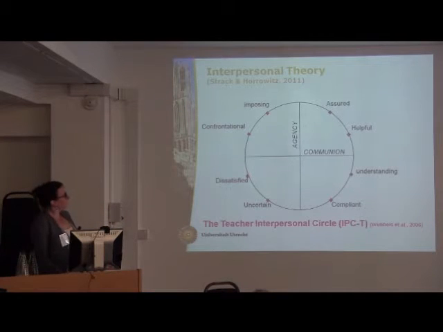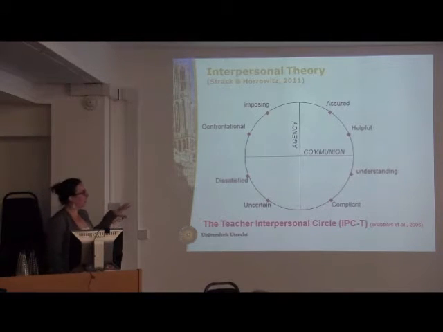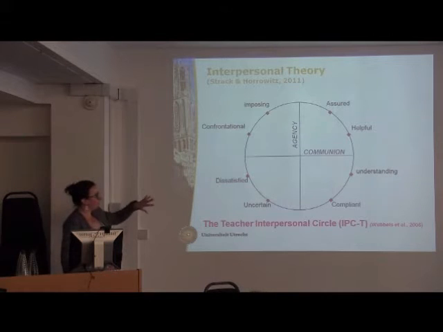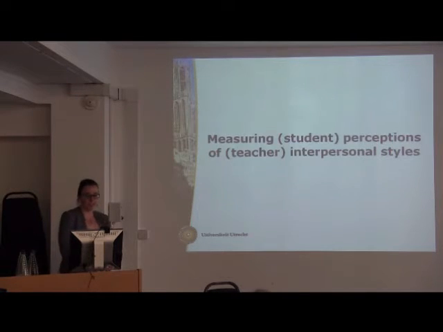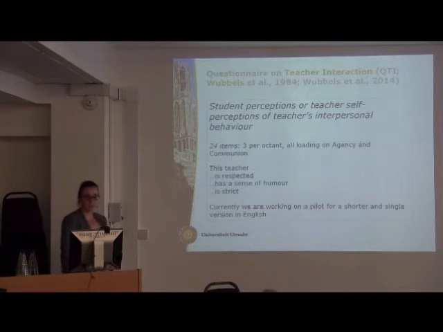This model can be captured in 8 octants. These are the octant names that we use in our educational model. We call this the teacher interpersonal circle. So how do we measure student perceptions and interpersonal styles? We give students a questionnaire.